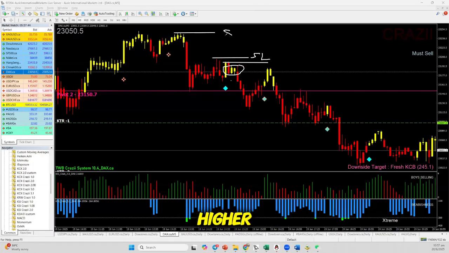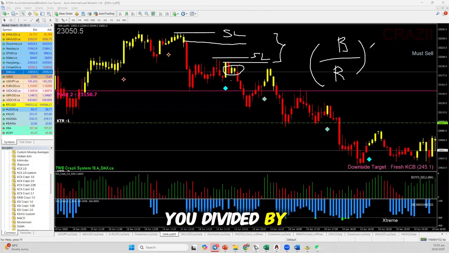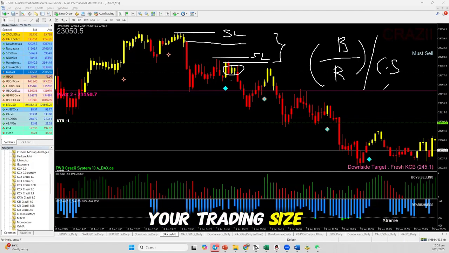You put it somewhere higher, which is here at the top of the market, or since you are shorting the market, you can even put it at the next highest point of the red candle. That is also fine. So this is your range, okay? So take your bullet, divide by your range. Then after that, you divide it by your contract size. Then you get your volume, your trading size. So, okay, this is the intraday chart.